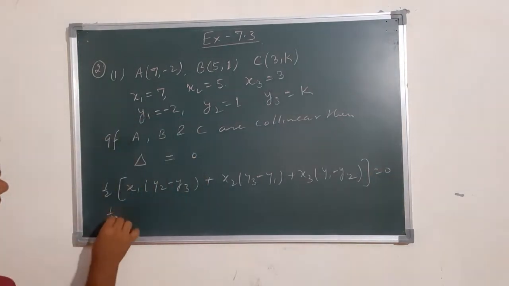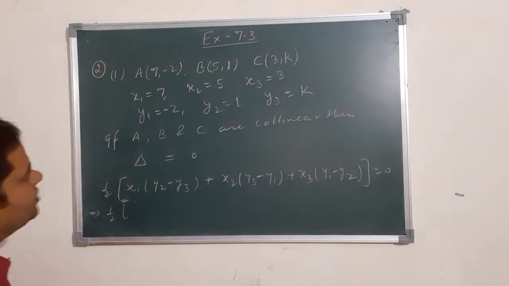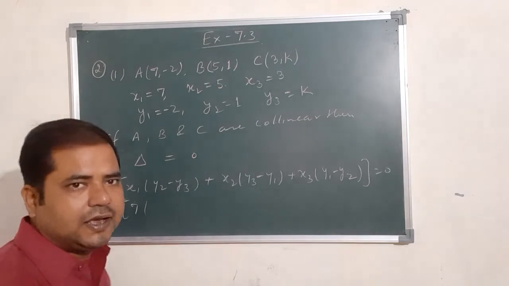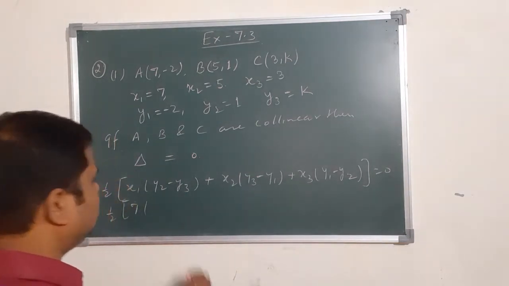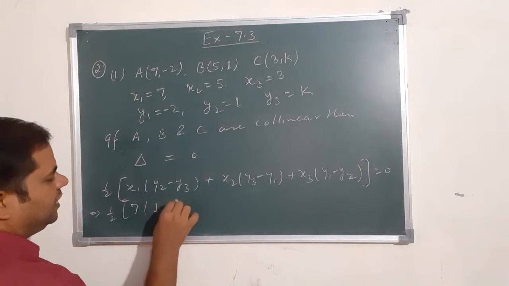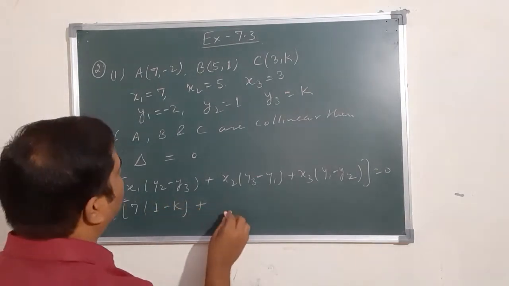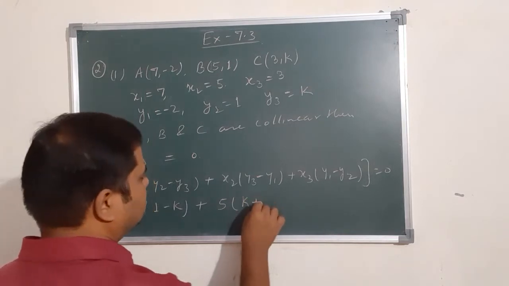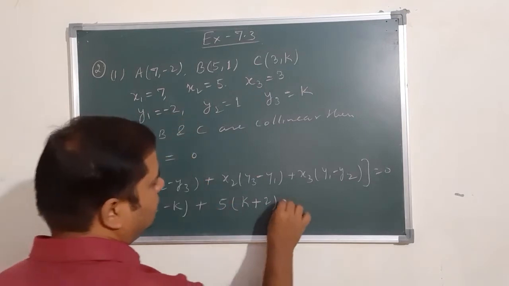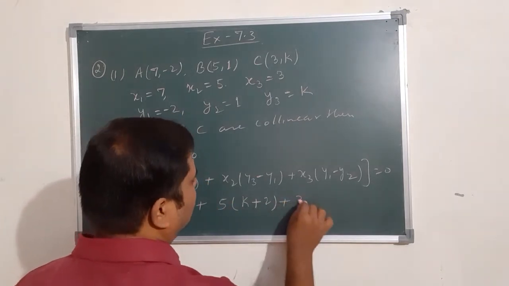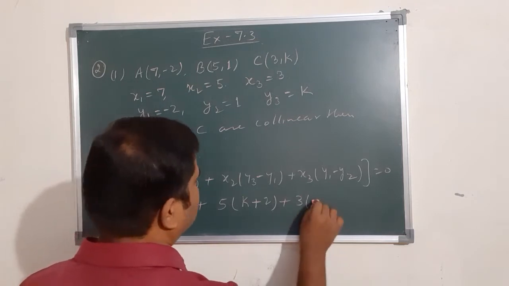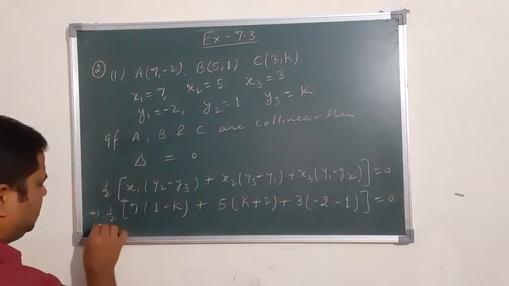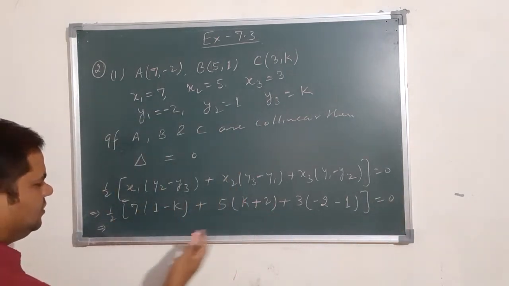That means 1 by 2 of x1 is nothing but 7, y2 minus y3, y2 is 1 here and y3 is k, so 1 minus k, plus x2 is 5, y3 minus y1, that means k plus 2 because this is minus 2, plus x3 is 3, and y1 minus y2, that means minus 2 minus 1, this must be equal to 0. So 1 by 2 does not equal 0, that means this bracket is 0.